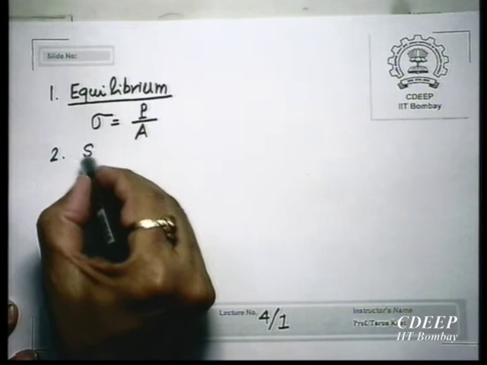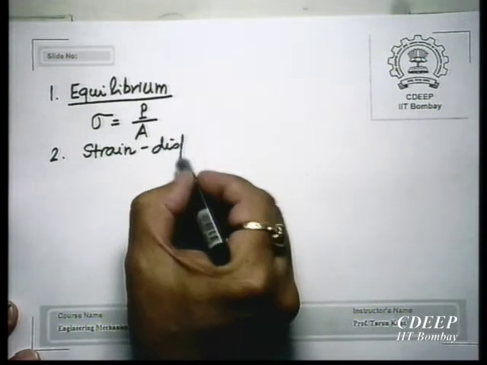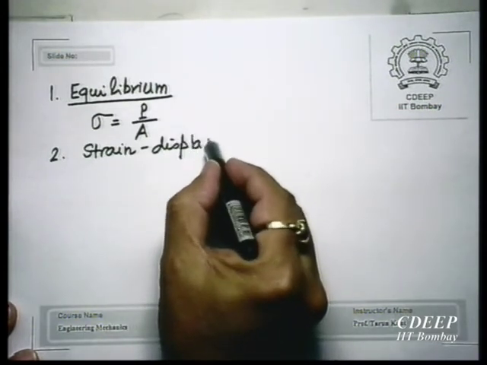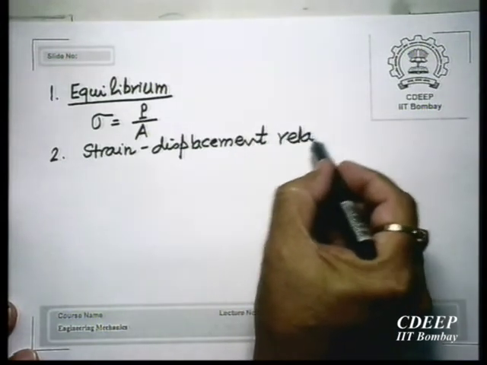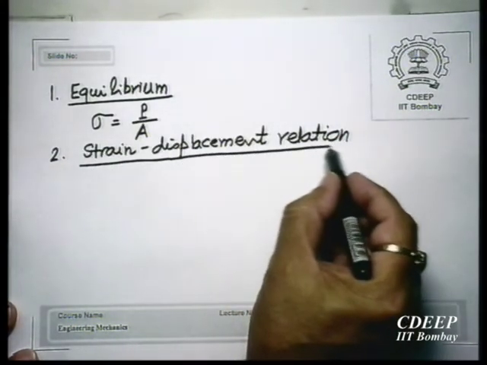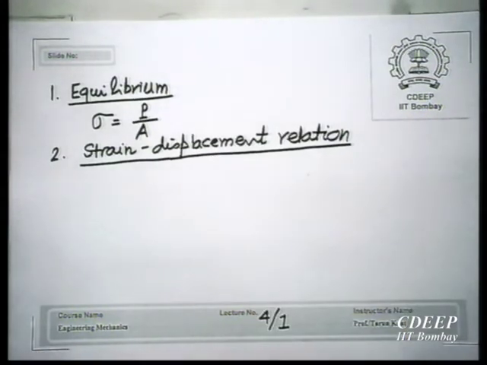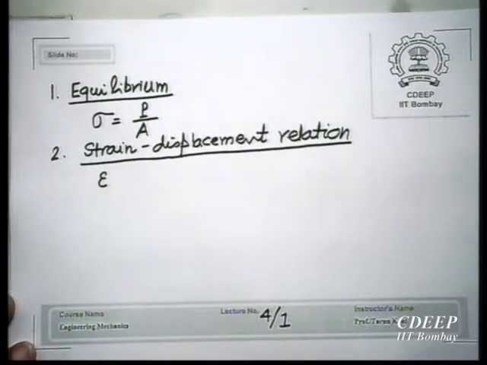Next, we have studied the strain displacement relation. This is again very simplistic. For a simple system like this, a simple rod subjected to axial load, you cannot have anything simpler. Based upon geometrical consideration, there is a quantity which is a measure of deformation, that means change in length per unit length.